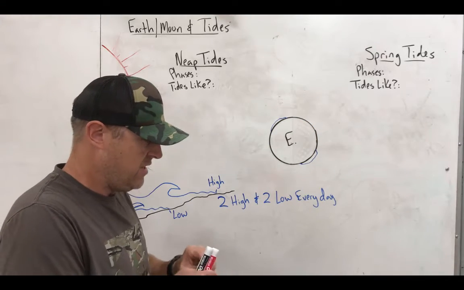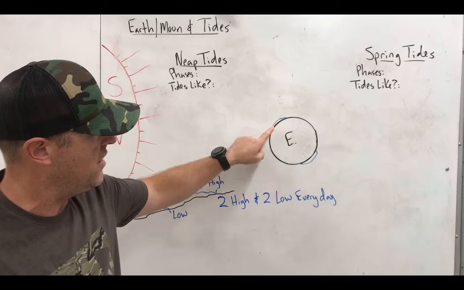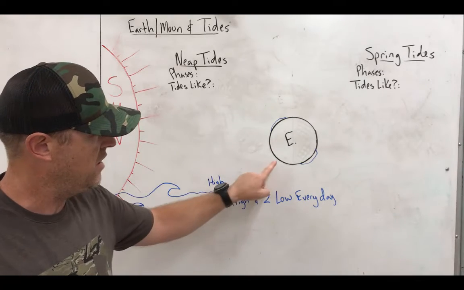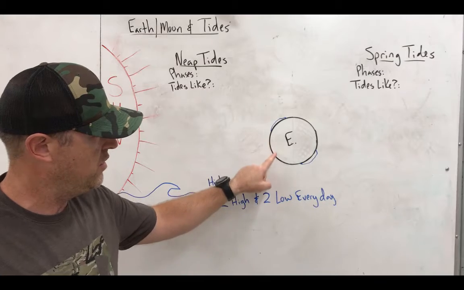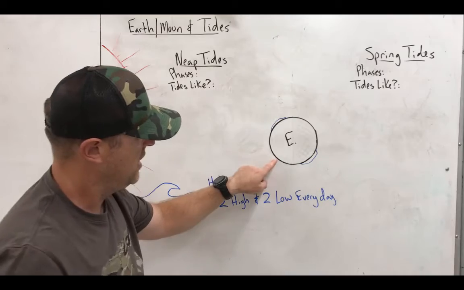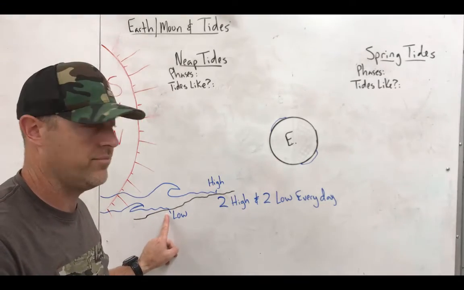And so as the earth rotates during the daytime, when this bulge is at its highest spot, that's when it would be high tide. When it would be over here and the water is kind of slung in this direction, it would be the low tide. All right?